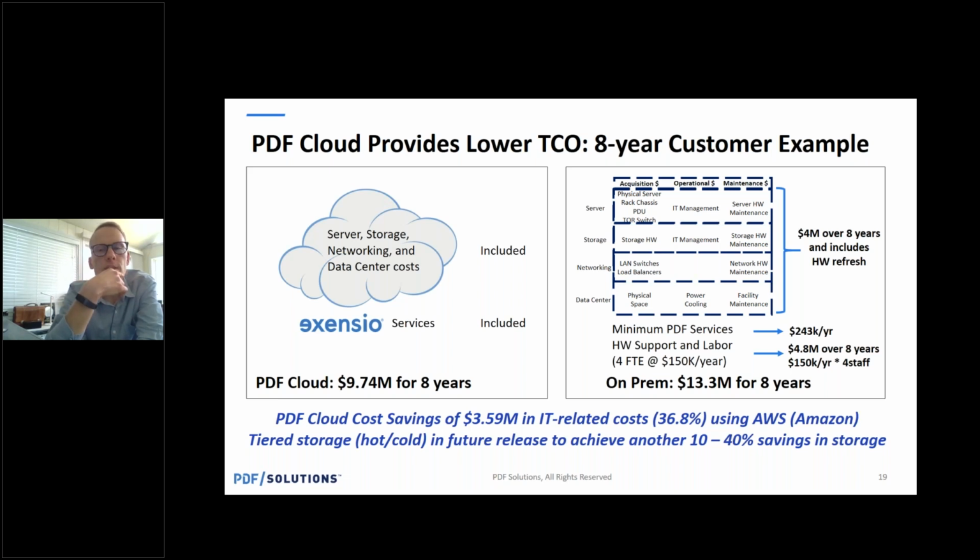Both Graphcore and Skyworks are also implemented on Amazon Cloud. And one final point, as we add more tiered storage support for the platform, we expect to deliver an additional 10 to 40% cost savings in that data storage tier for data that's accessed perhaps less frequently, or additional history that needs to be kept online.